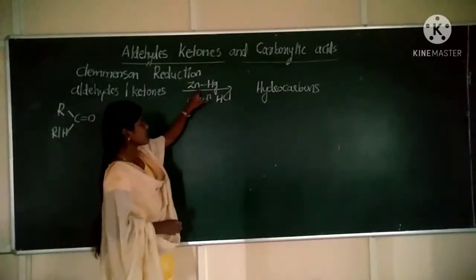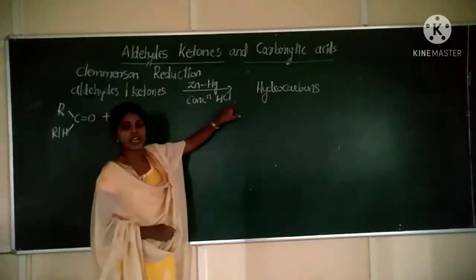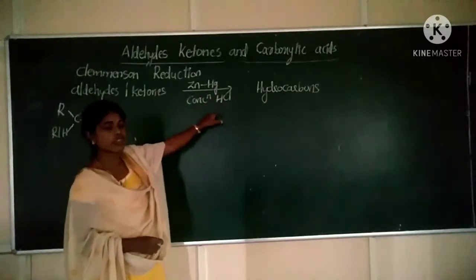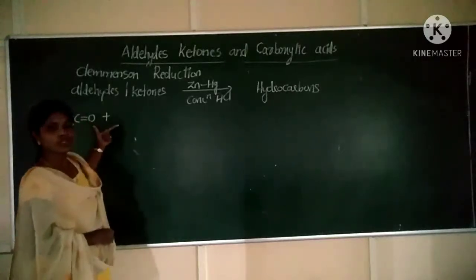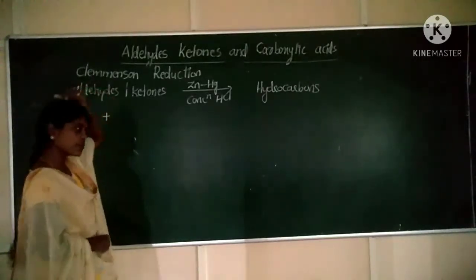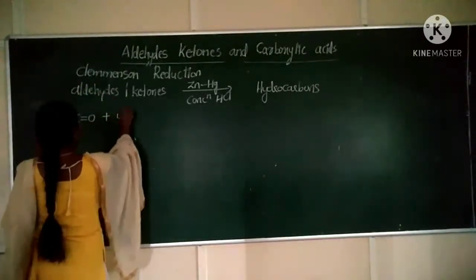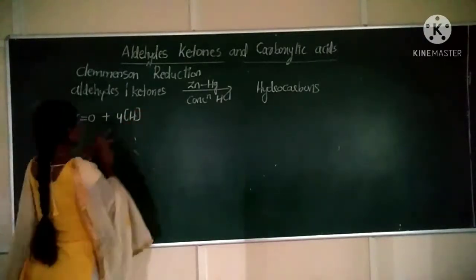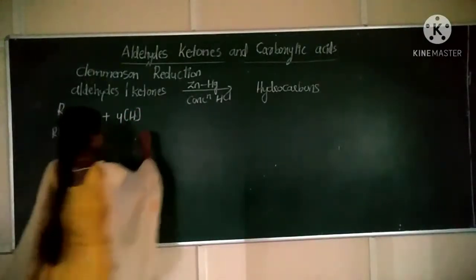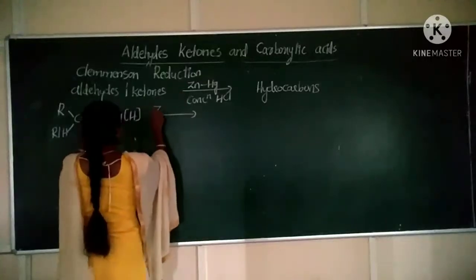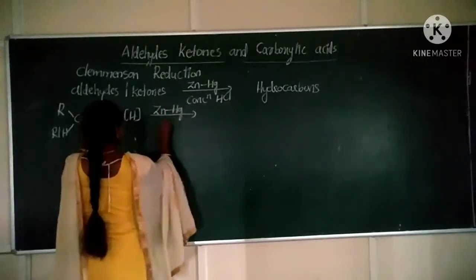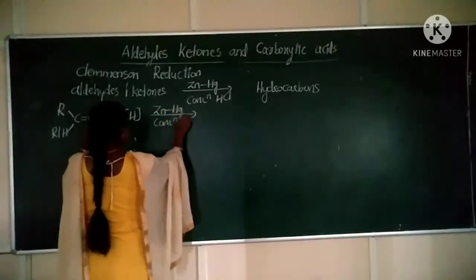Now, the reaction of zinc and HCl produces what? Hydrogens. Now those hydrogens will be for the reduction of aldehydes and ketones. Now, I take 4 hydrogens here. Reduction of aldehyde or ketone in presence of zinc amalgam and concentrated HCl.